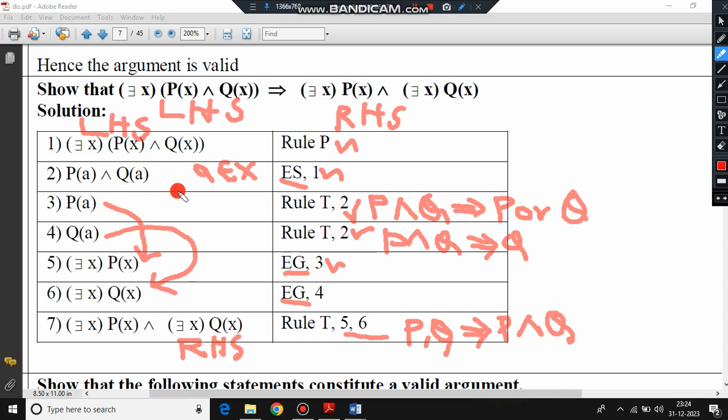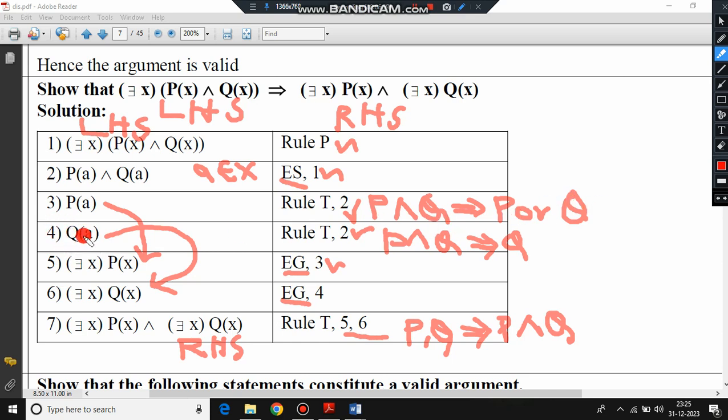So we have started with the LHS and we applied some rules. In the second step we used existential specification. In the third step we have applied rule T, tautological rule T, that is p and q implies p or q.